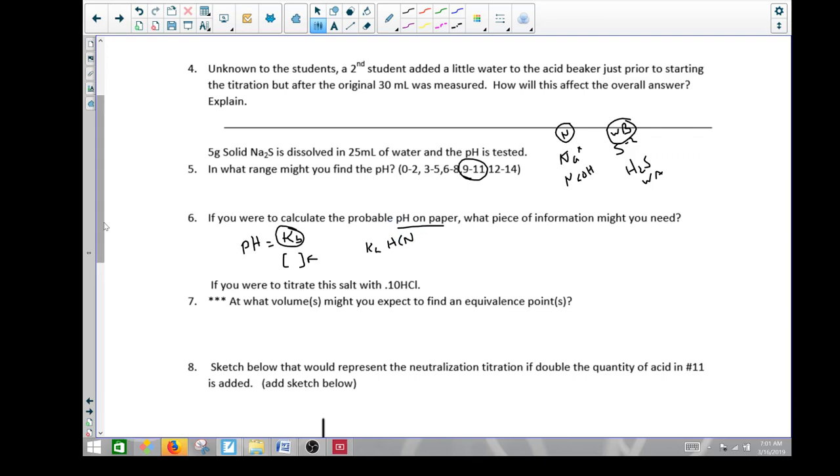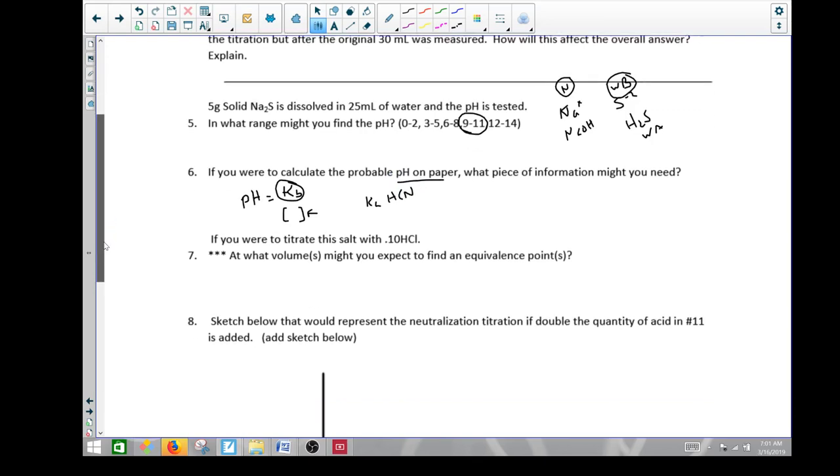Alright, if you were to titrate this salt with 0.1 M HCl, what volume might you expect to reach equivalence? Okay, well, first off, we've got to know the moles of the S2-. So this is going to be H+ and S2-, two H+ for every one sulfur to give us H2S.